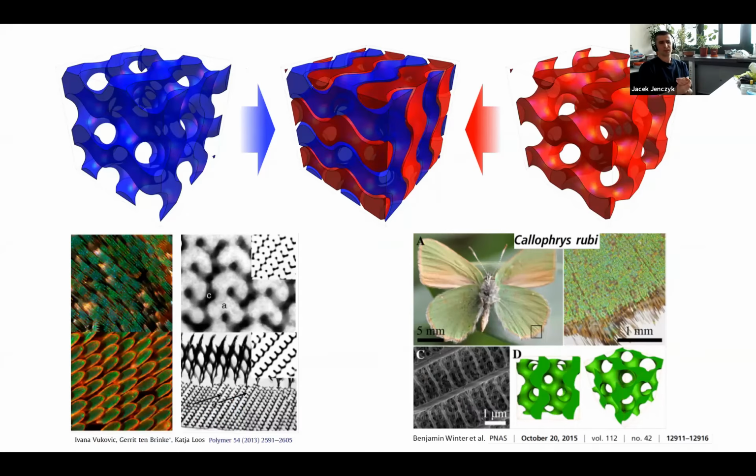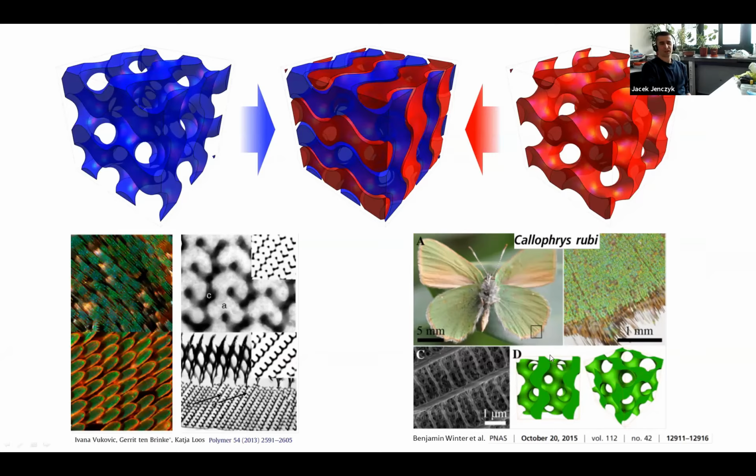However, it has been shown that some species of butterflies do develop the same kind of morphologies naturally. For example, the scaffold, which really constitutes the wing of this tiny fellow here, it does exhibit exactly the same gyroidal structure.